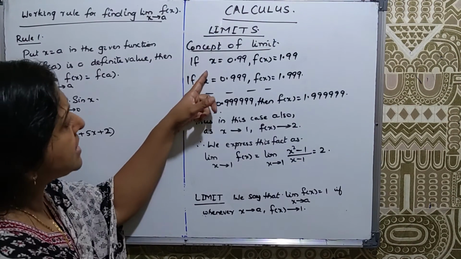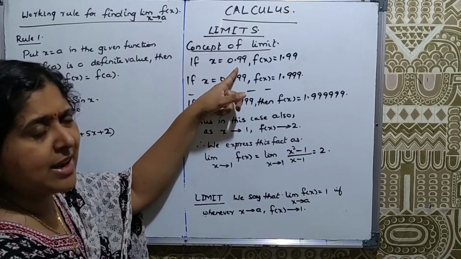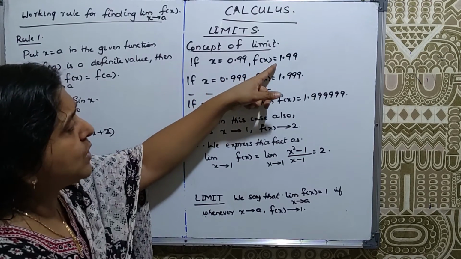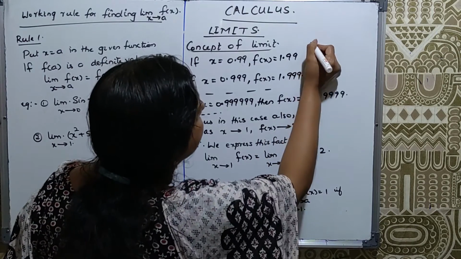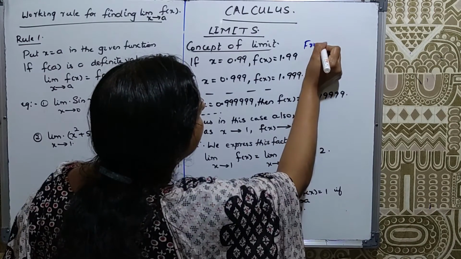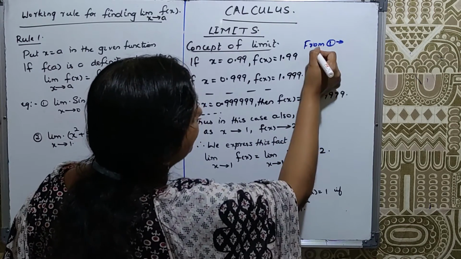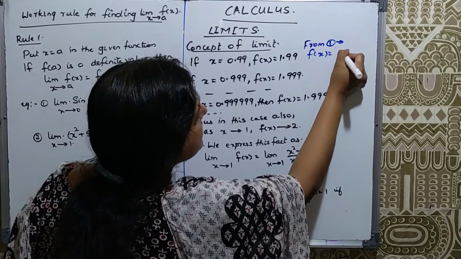Now, if x is equal to 0.99, which is a value less than 1, f of x will be 1.99 from equation 1, because you know that f of x equal to x plus 1.